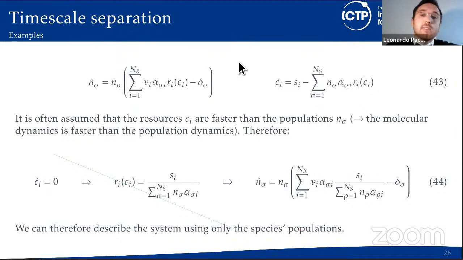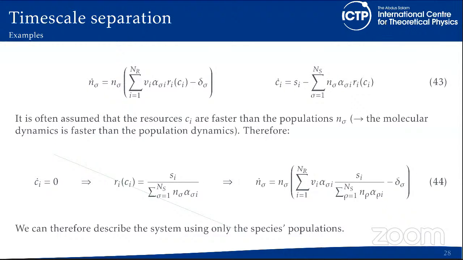If you can apply timescale separation, you are reducing the number of equations from 130 back to 80. So the advantage in this sense is simply the fact that you are simplifying a very complicated model, a very complicated system. Okay, thank you so much. No problem.